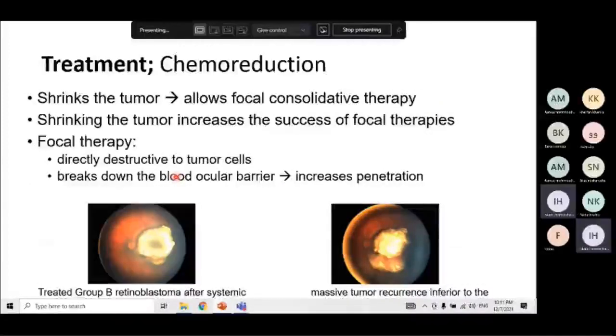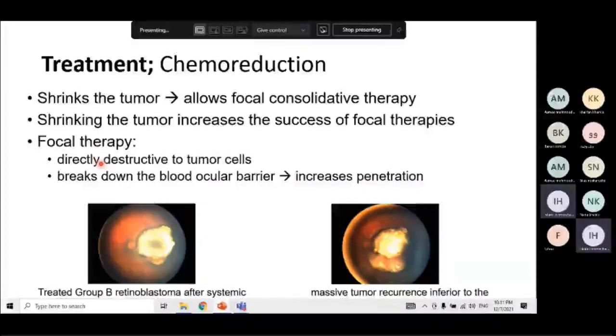What about the treatment? As we said, we used to treat those patients with irradiation. Now we treat them with chemotherapy. So we do what we call a chemo reduction. We give what we call a consolidative therapy to shrink the tumor, and then we do a focal therapy afterwards.